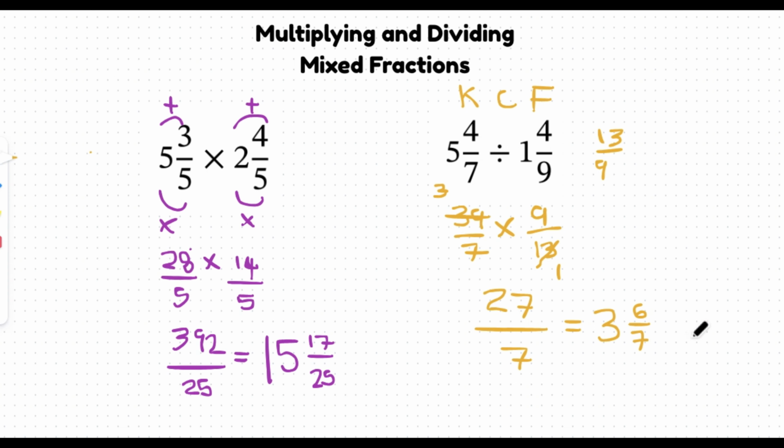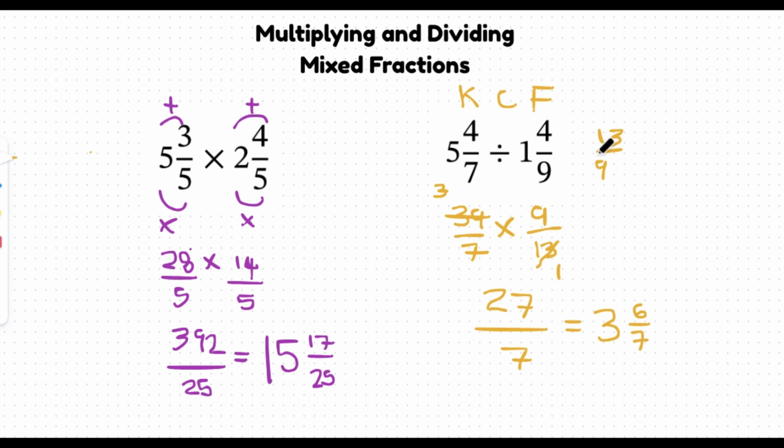Just as a mini recap, when we divide fractions, especially when they are mixed fractions, you first convert it into improper, then you use your awesome rule called keep, change, and flip, meaning that the first part of the sum you keep as it is, the middle part of the sum you change from a division to a multiplication.